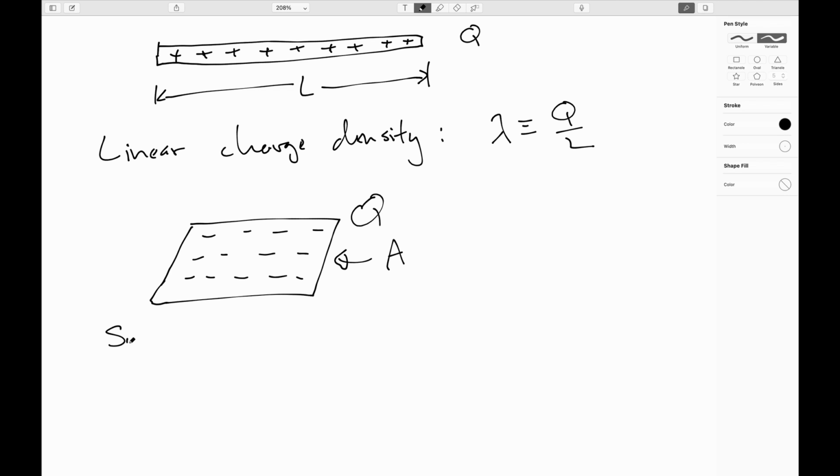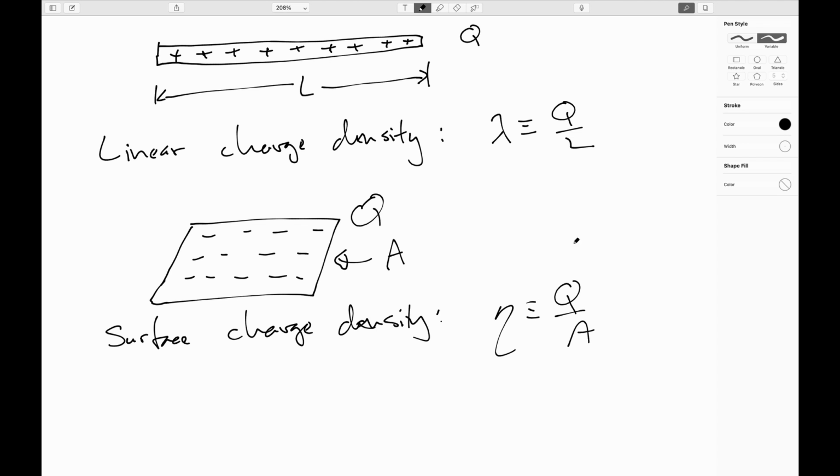And we would call this a surface charge density, and we'll say that eta is defined to be Q over A. So that's a lowercase Greek letter eta. You make it something like that.